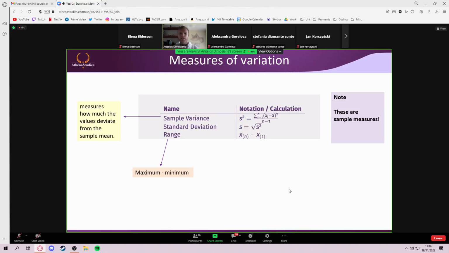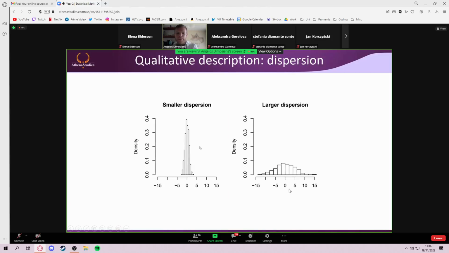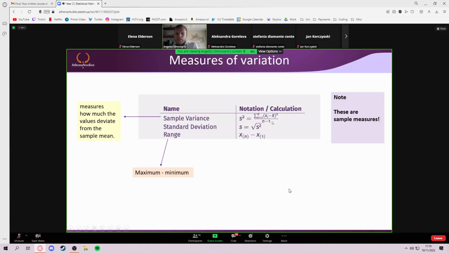Okay, you remember the histogram that was like that? So we can calculate the standard deviation or the variance, and that can give us how much the values deviate from the mean. And this is also a really nice way to calculate.